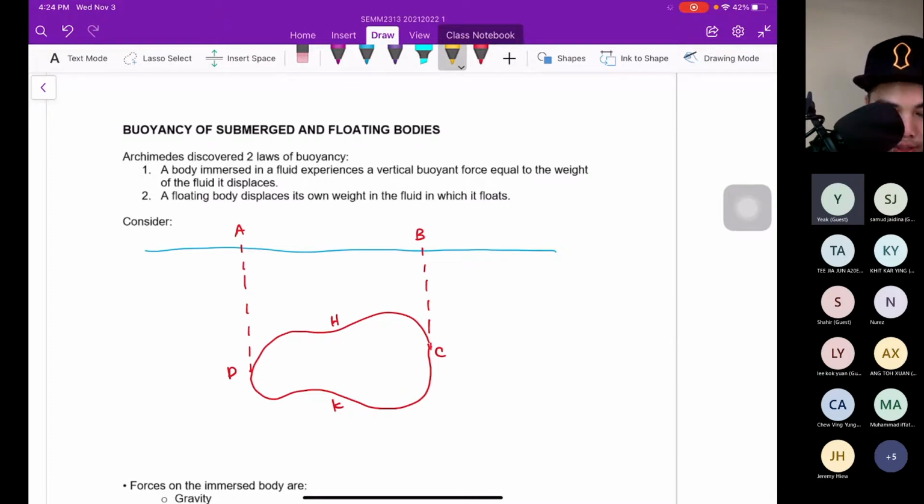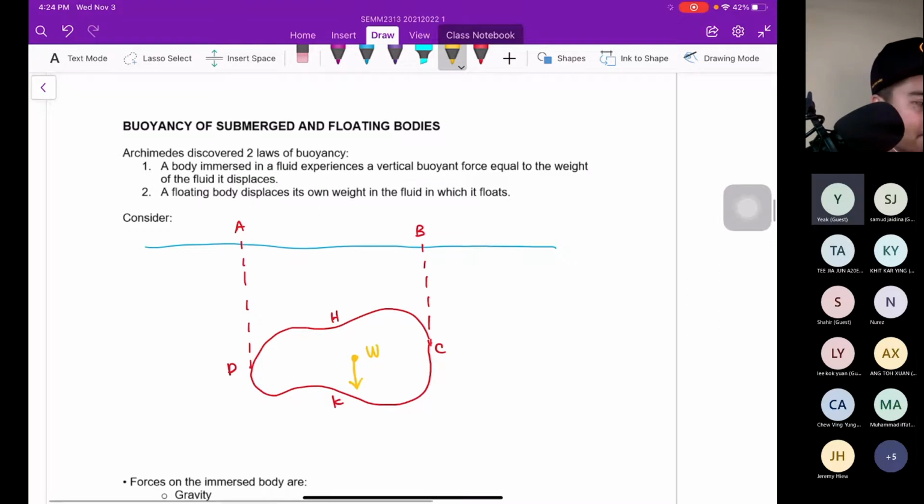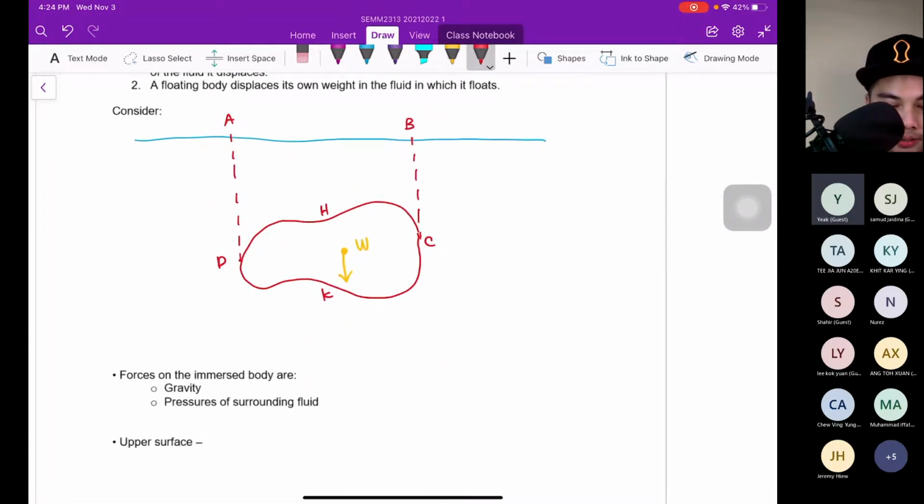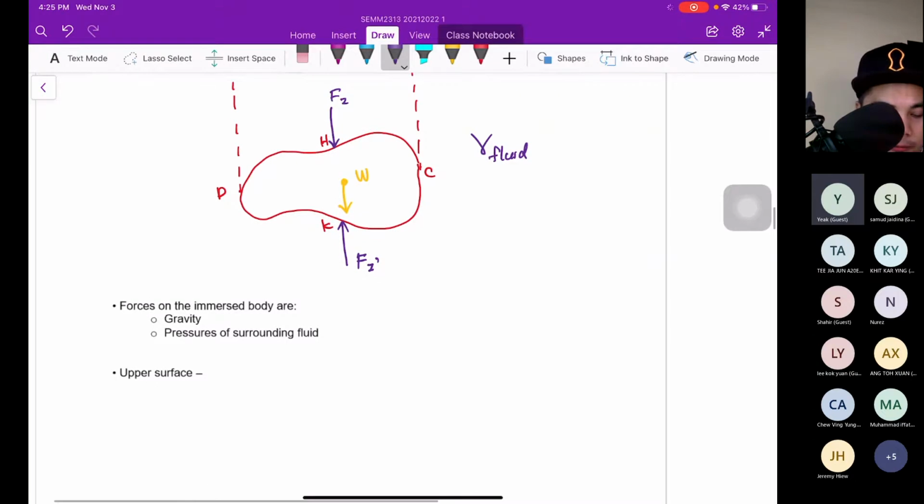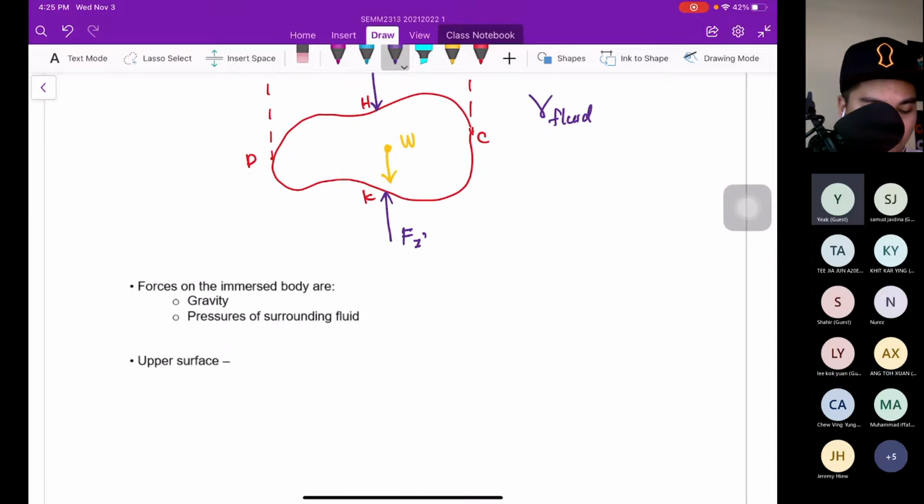We are going to have the weight, which should act at the centroid. So in here we have the force acting in the vertical direction, Fz prime. We also have the force at the top surface, Fz. And it is inside the fluid. The forces on the immersed body are gravity and pressure of the surrounding fluid.